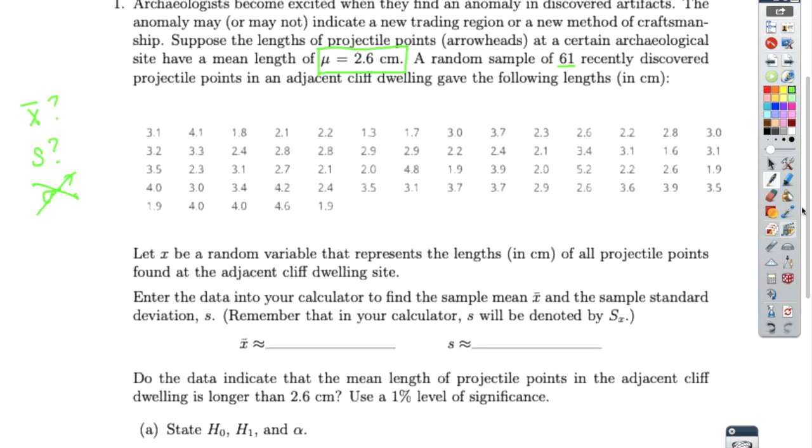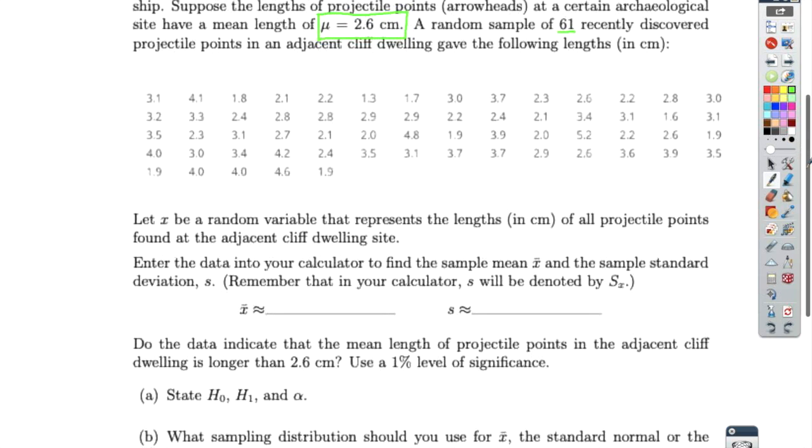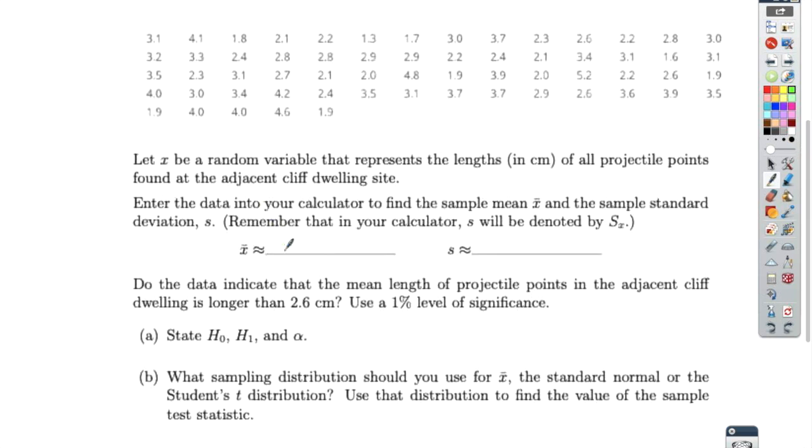Pause your video now, enter this into list 1, and then do stat, calc, and one variable statistics. So hopefully you've had a chance to put that list in your calculator. When I did, I got about 2.92 for the sample mean, and I got about 0.85 for the sample standard deviation.